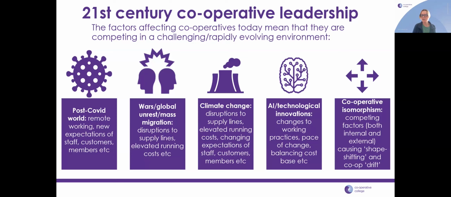But everyone has been touched by the hikes in costs in terms of power and running a business. But also disruptions, particularly at the consumer end of things. But this can affect any business as well: disruptions to supply lines and all of those elevated costs for running a business. And then we also have climate change that we have to think about. Again, those disrupted supply lines.